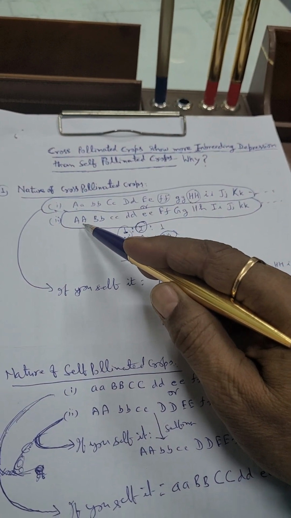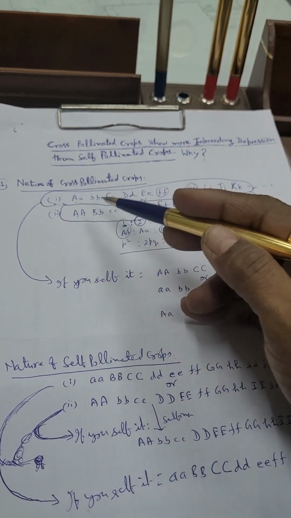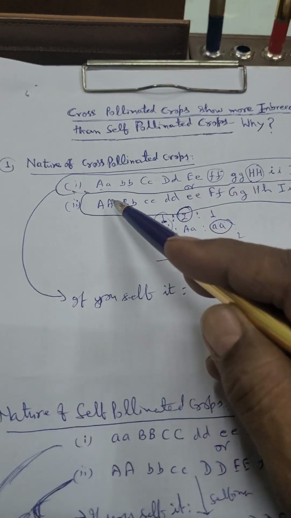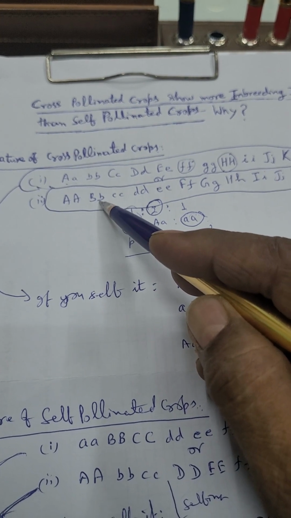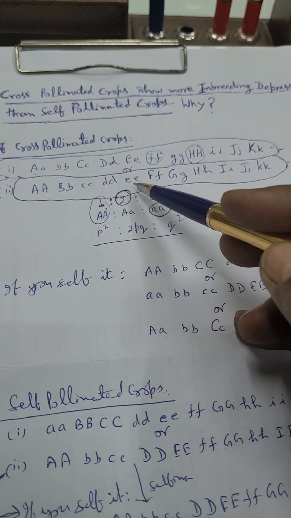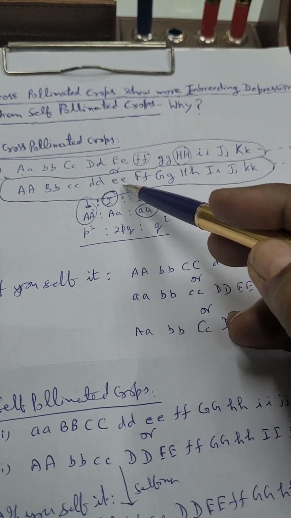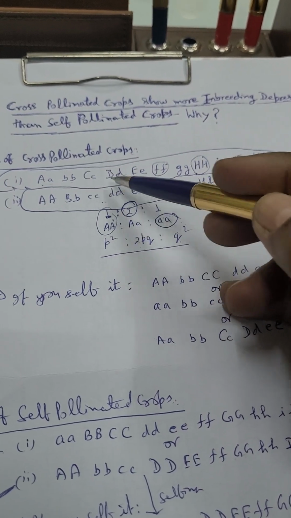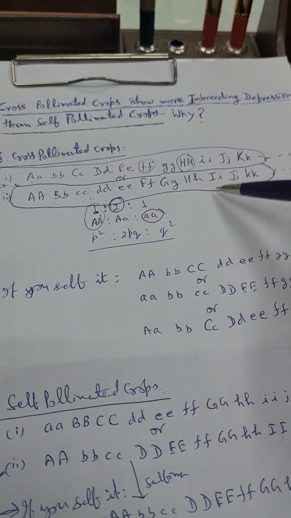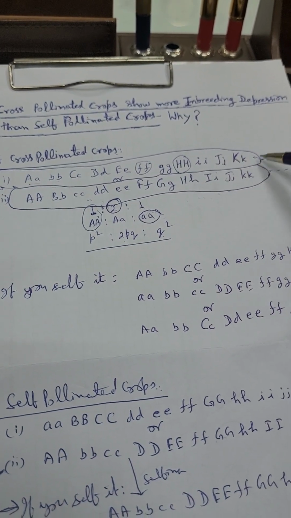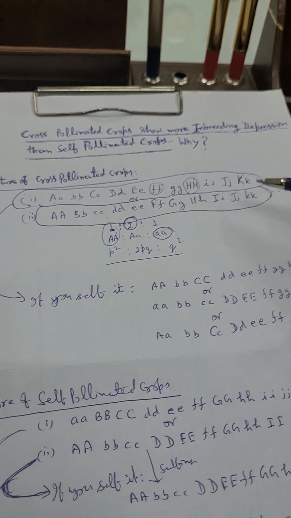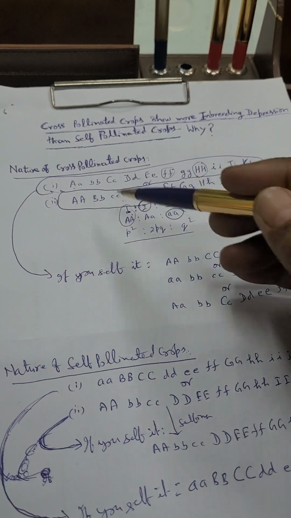Another variety of cross-pollinated crops, another OPB, another synthetic or another composite: capital A, capital B, small c, capital D, small e, and so on. So this is different from this. Both are different OPBs, different synthetics, different composites, and they will be in natural condition.